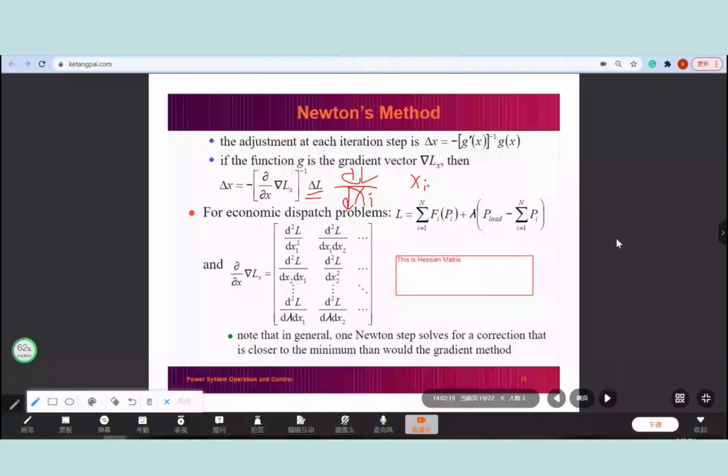Xi could mean p1, p2 until pn, and also lambda. So delta L means the first order derivative of L over p1, p2 until lambda. So delta L is a vector.